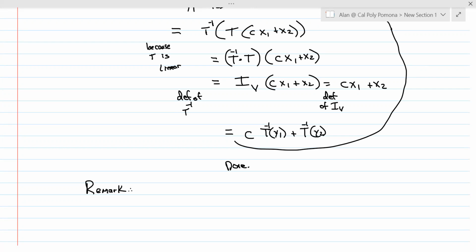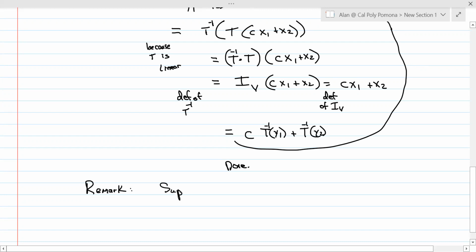Suppose your transformation T is going from V to V. So that's a special case where the codomain is the same as the domain and V is a vector space as usual.